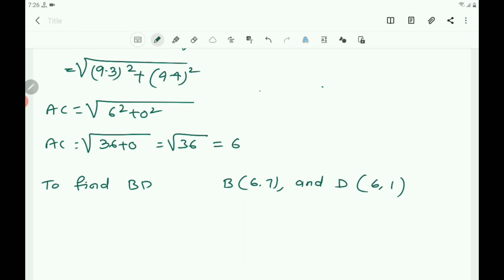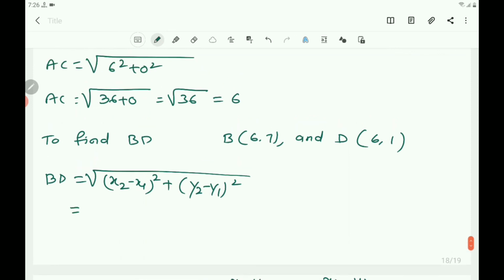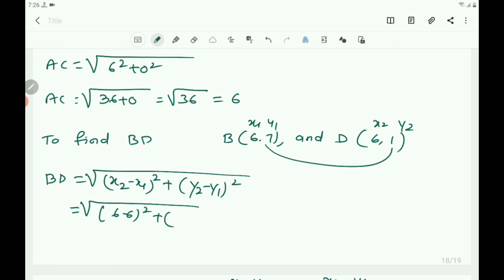Then the distance BD equals whole root of (x2 minus x1) whole square plus (y2 minus y1) whole square. x2 minus x1 means 6 minus 6, 0, whole square, plus y2 minus y1 is 1 minus 7 whole square.